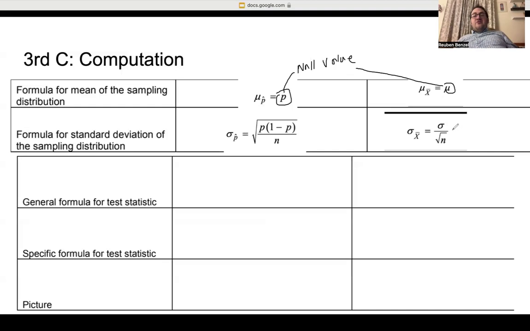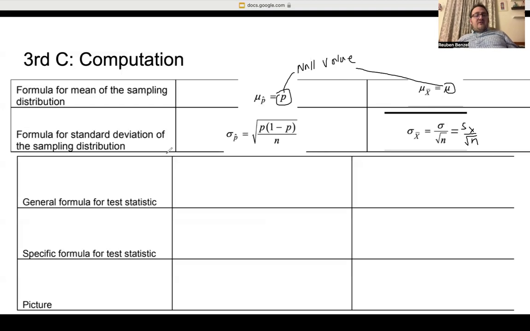One thing that we do change a little bit is the standard deviation of the sampling distribution, which is really going to be Sx over the square root of n.